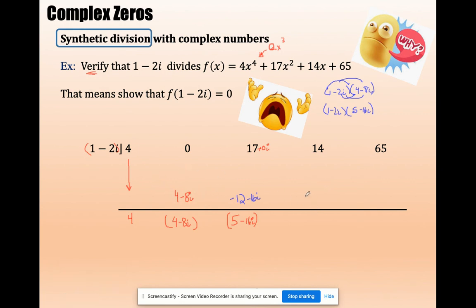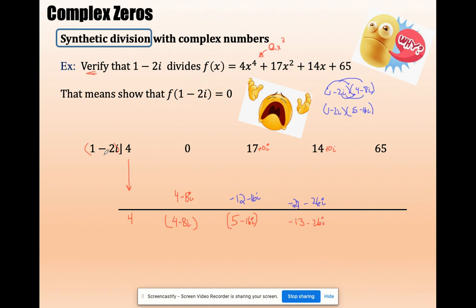And what you got when you were done was negative 27 minus 26i. Don't forget that 14 is a complex number. It is 14 plus 0i. So I added 14 and negative 27, and I got negative 13. 0 and negative 26i is negative 26i.